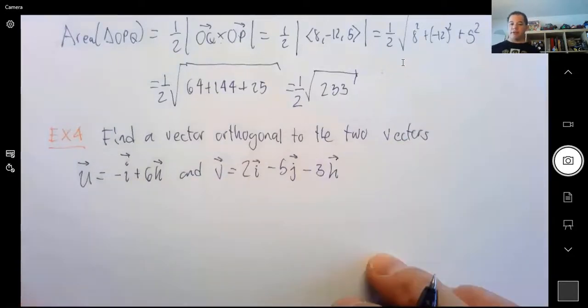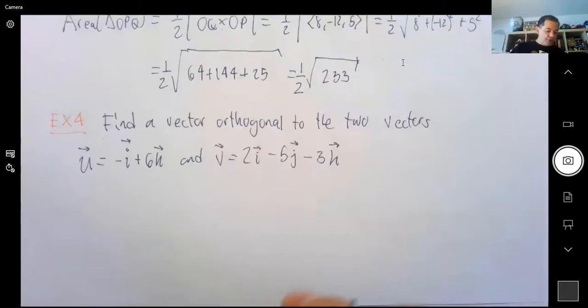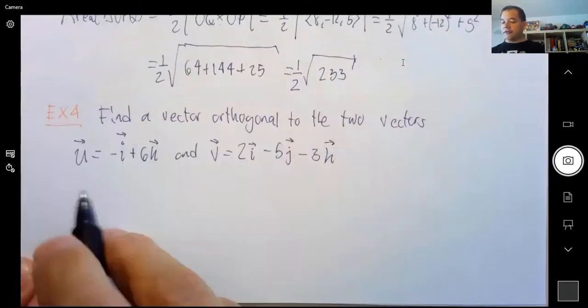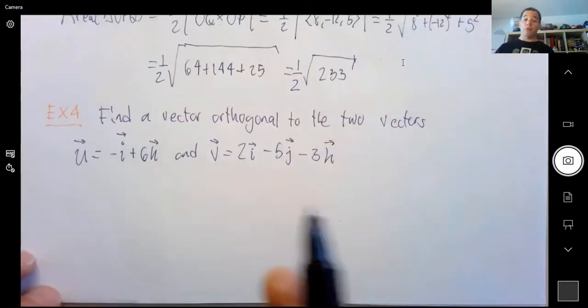All right. So this goes into the second thing I told you you should remember. Whenever you want an orthogonal vector to two others, one great candidate is the cross product. So the cross product will work. The cross product has the property of being orthogonal to both, right? So let's calculate it. You can do u cross v or v cross u. Both of them will work, right?